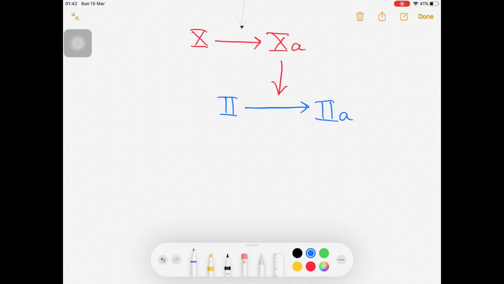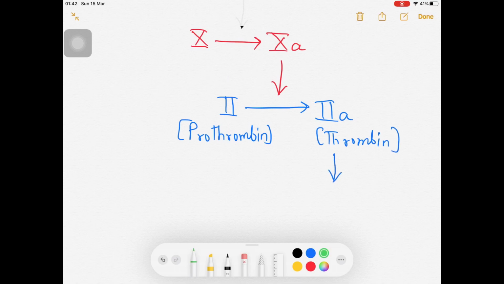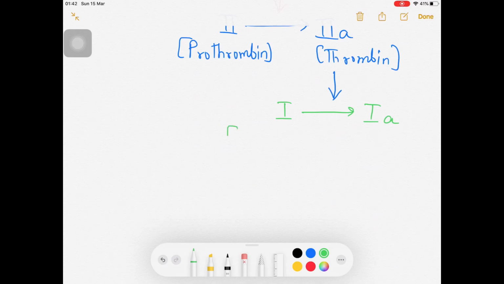Factor number 2 is prothrombin, and factor number 2a is also called thrombin. And further, 2a helps to convert factor number 1 into 1a. Factor number 1 is also called fibrinogen, which is an inactive form, which finally converts into fibrin, a very important part of the coagulation cascade, right? So that is happening over here.